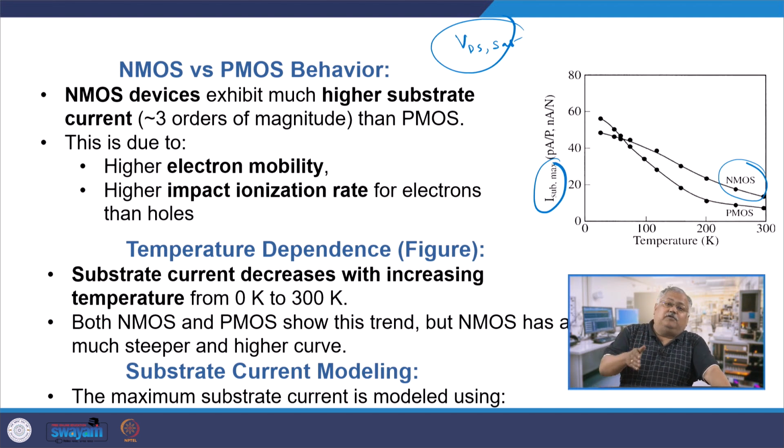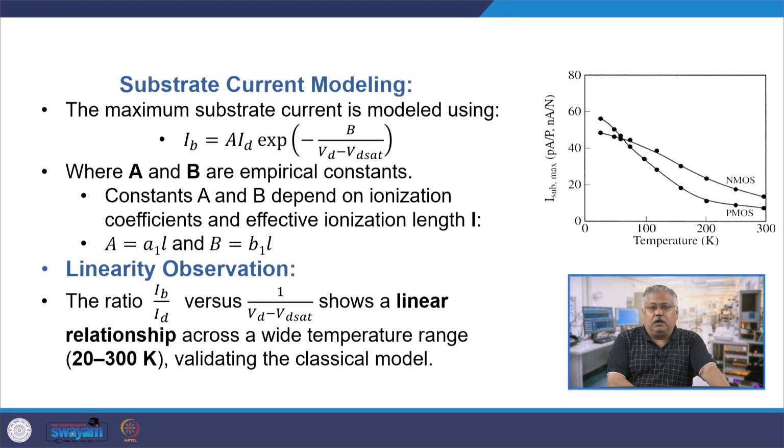But if your VD is much larger as compared to that, you will get a large impact ionization. Let us come to the substrate current modeling now, and it is given as IB equals A times ID exponential minus B by VD minus VDS sat, right.